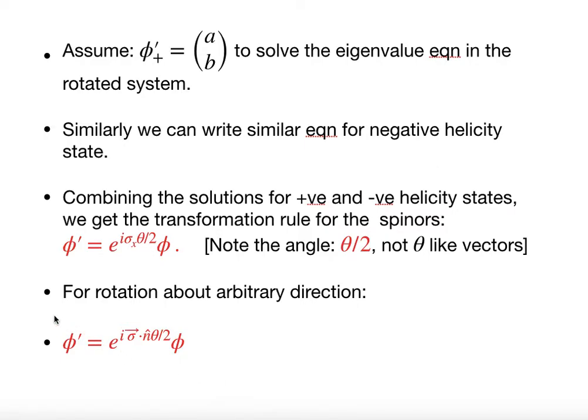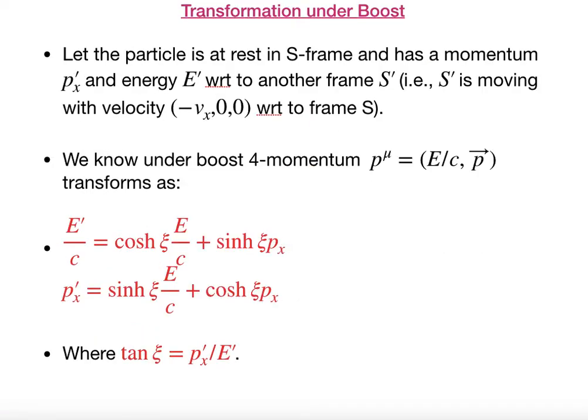It has a different transformation property. That is why it is not a vector. That is why it is called a spinor, because it represents the spin-half particle, which has a particular definite transformation rule under the Lorentz transformation. So this is the rule for transformation under rotation, which is different from scalar and vector. That is why it has a different name.